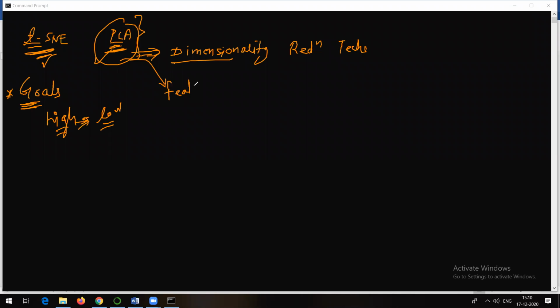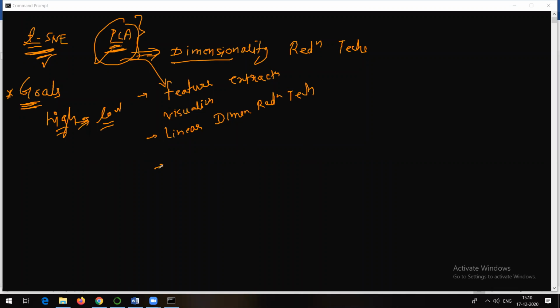Another thing about PCA is that it applies a linear dimensionality reduction technique, where the focus is on keeping dissimilar points far apart in a lower dimensional space.